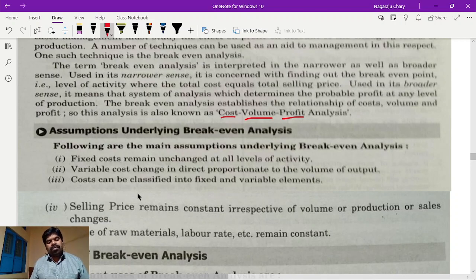And the cost can be classified into fixed and variable. So under marginal costing, we are taking two types of cost, that is fixed cost and variable cost. These are the two classifications we are taking as assumptions.